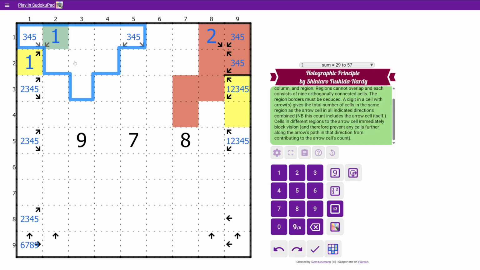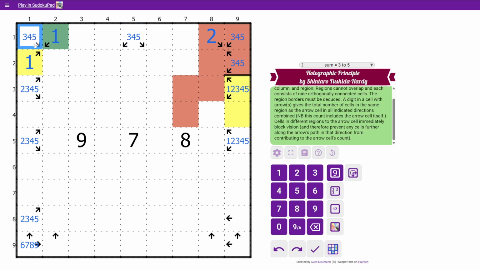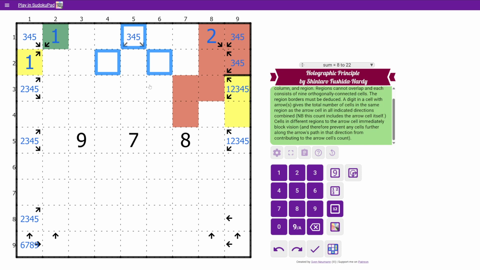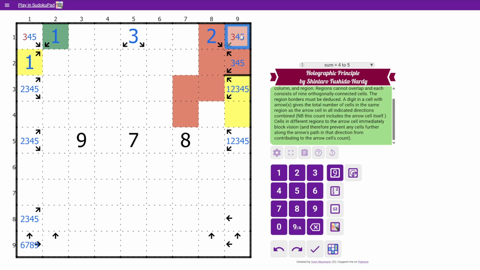That's 9 cells, but these would both have to be 3. So this and this are in different regions, but this one must come down to at least there, but this one cannot be part of it, right? So this cell is going to be trapped like that, but that is also its minimum. So it must be 3.